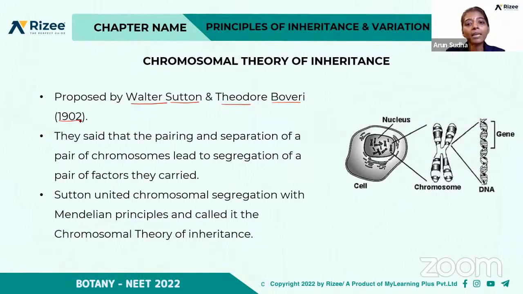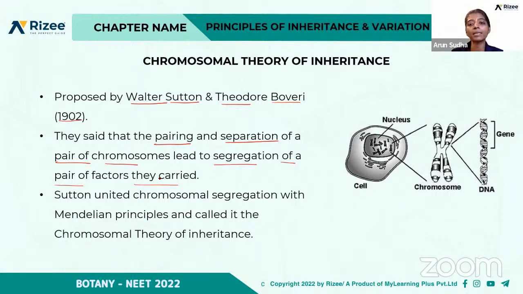They were able to observe nuclear division and meiosis, right? So they said that the pairing and separation of a pair of chromosomes leads to segregation of the pair of factors they carried.